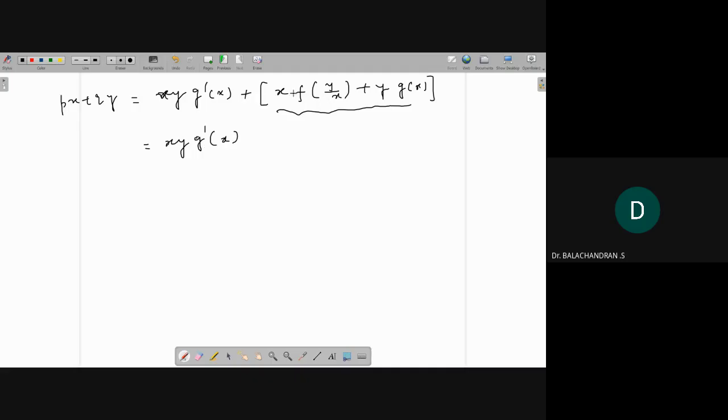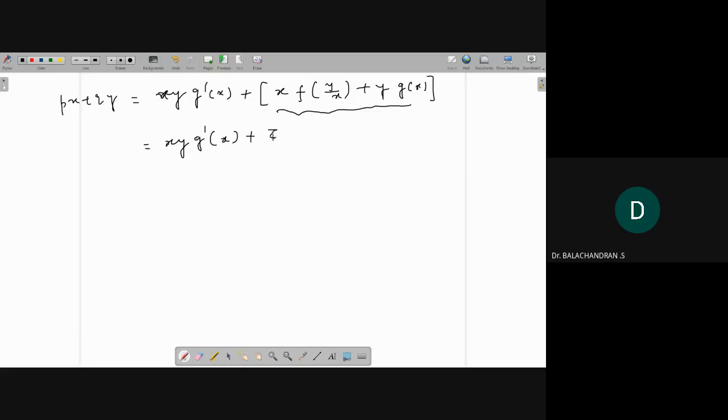Anyone tell what is x into f of y by x plus y into g of x? So hint is, if you see the statement of the question, you can tell the answer. Z. Yeah, is it?